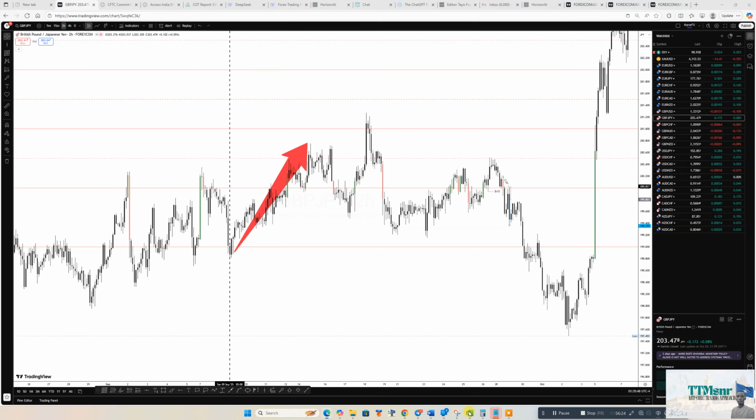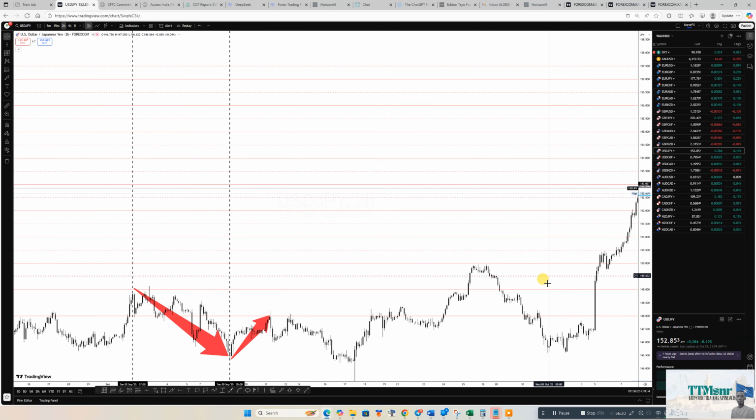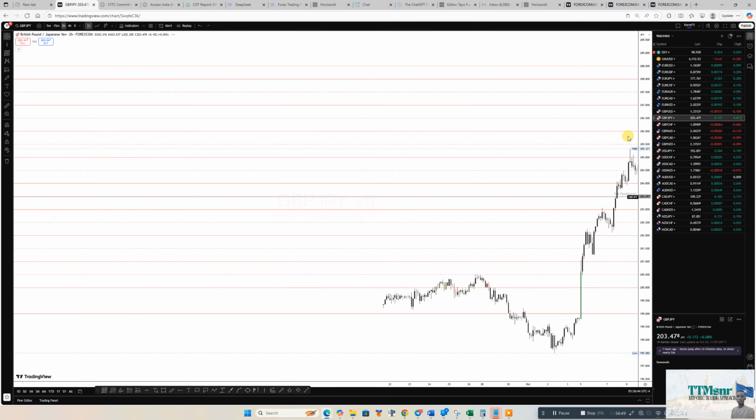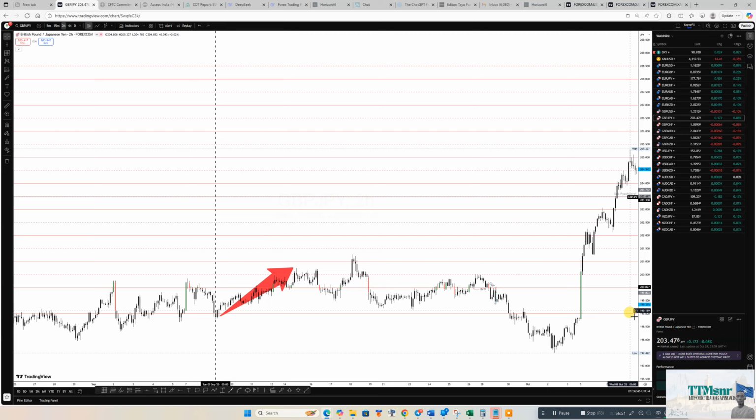So if we look for USD/JPY, September 9, the market started pushing up. Okay, a little bit down, but then it moved up. September 17, then bullish comes. But the USD was strong. That was a good example of that week.